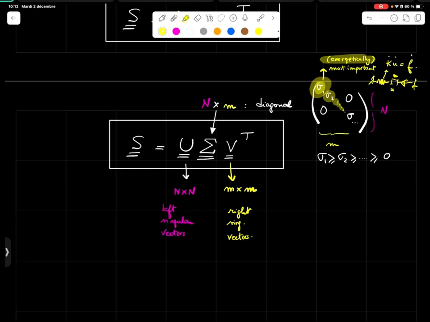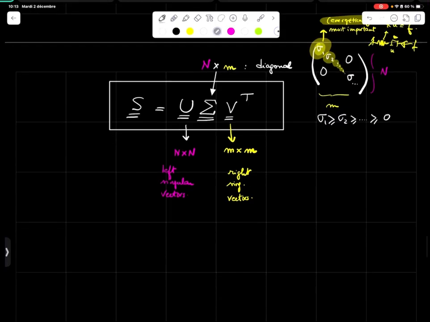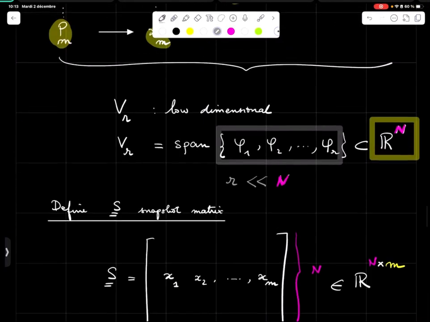That means that the first singular value is going to be more important than the other ones. So now we ask: what are we going to use as singular vectors? That is the question. You remember that R is going to come again into the equation. R is much smaller than N, if you remember, let's go back up.